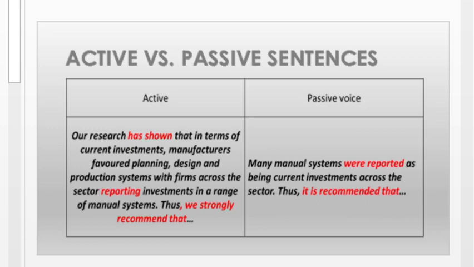According to what we have here as an example, between active and passive voice, the obvious difference that we can see is the length of the sentence. Meanwhile, active is a bit lengthy, and passive is shorter than active sentences.